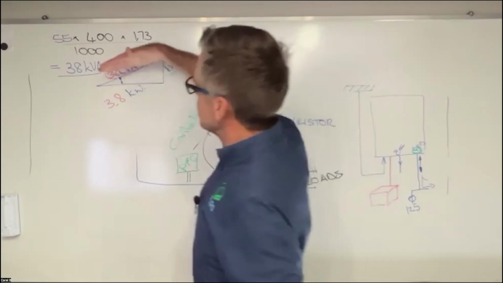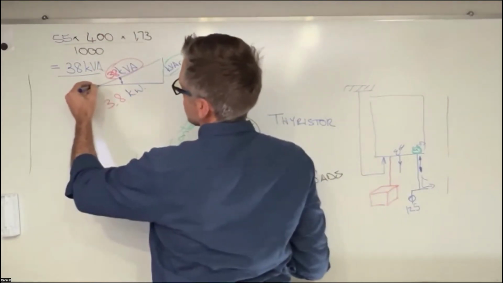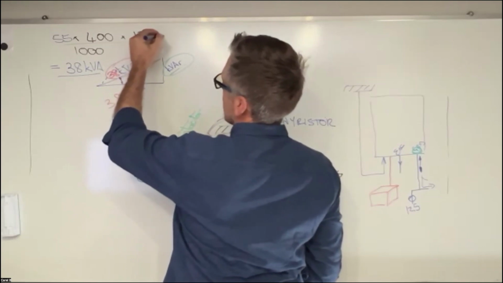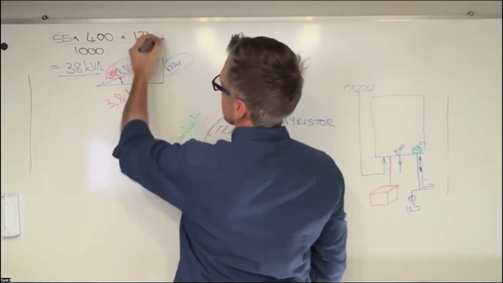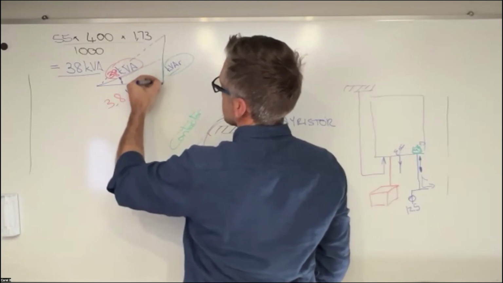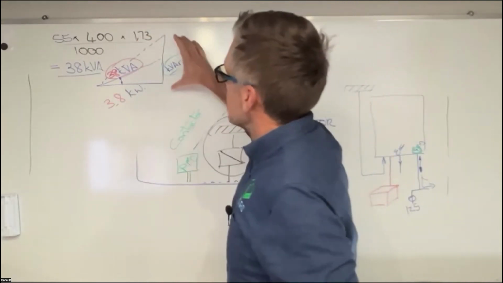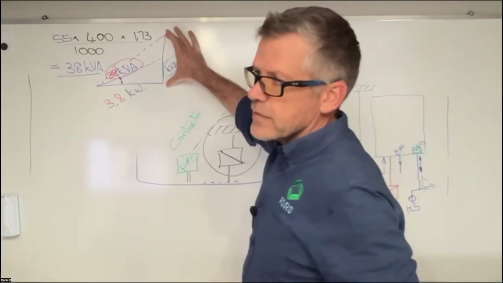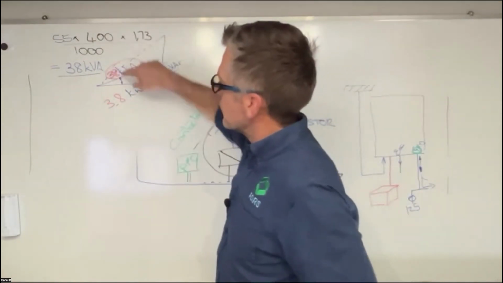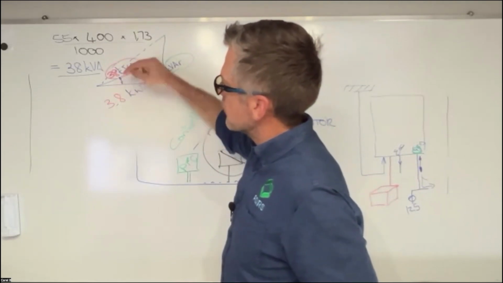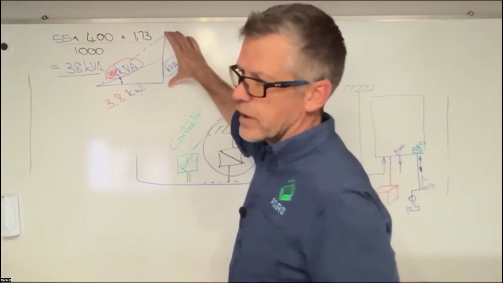It's pushing this angle up, and as it's pushing that angle up, it's making this kVA leg longer, which means that it's also making the kVAr or the reactive power leg longer. So when we change the phase angle, we're changing that angle, and that changes your kVA as well as your kVAr.